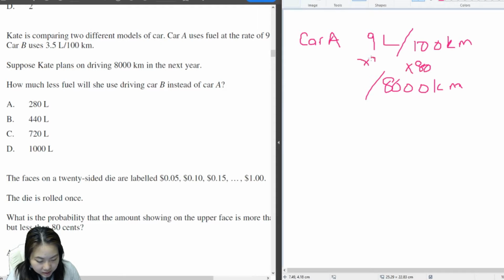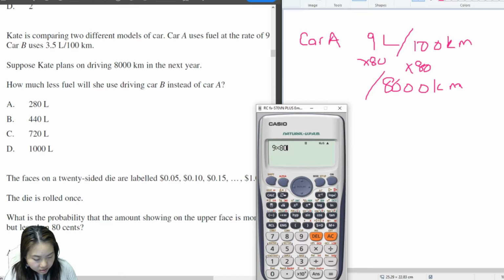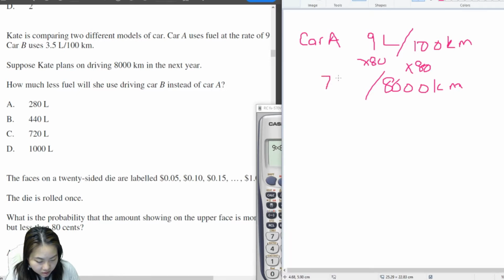So if we do the same with the 9 liters, we shall get 720 liters. Car B, on the other hand, uses only 3.5 liters per 100k.